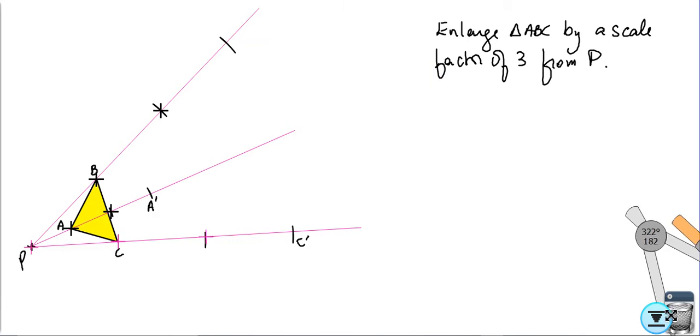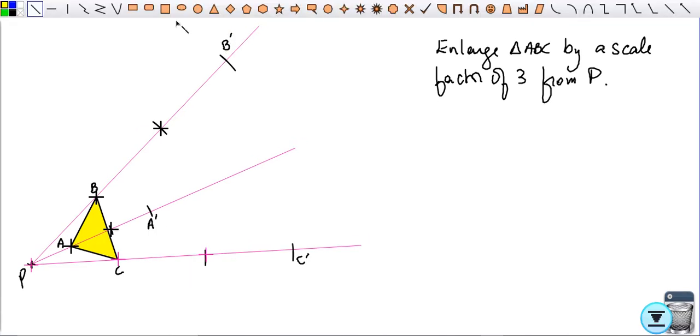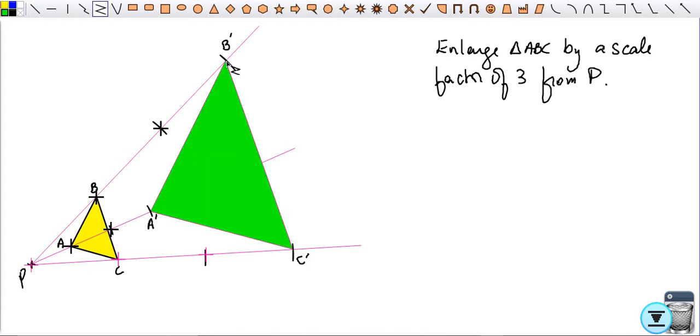So that is my new point B. So I've got A, I've got B, I've got C. What I've got to do now is to draw the new triangle ABC. And ABC is enlargement scale factor 3 from my original shape. So that's how to construct an enlargement when you don't have a grid.